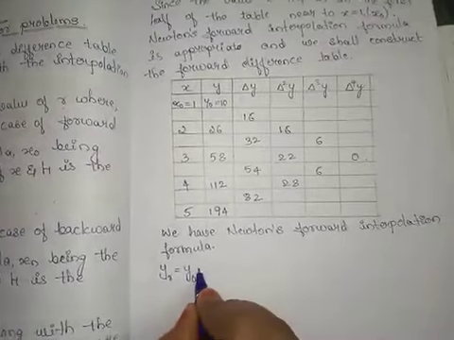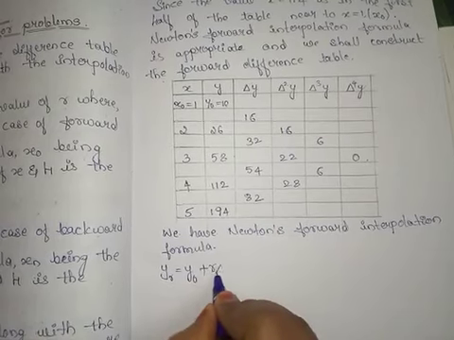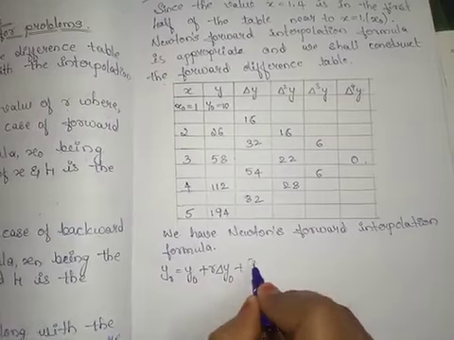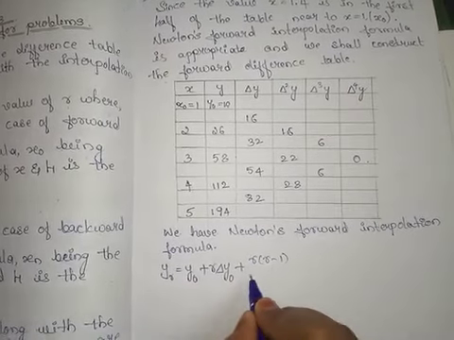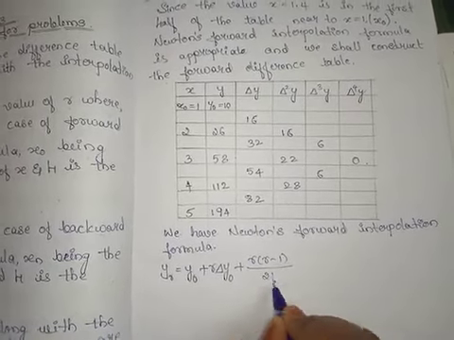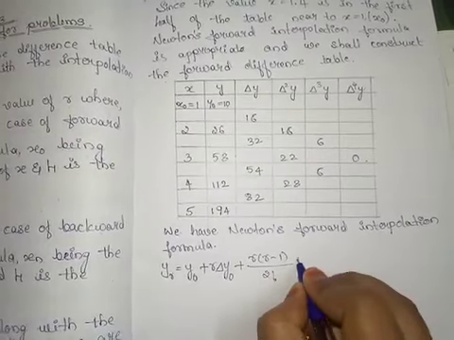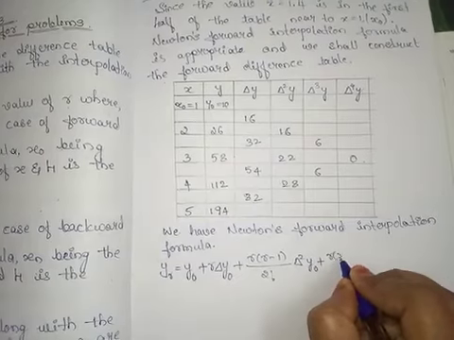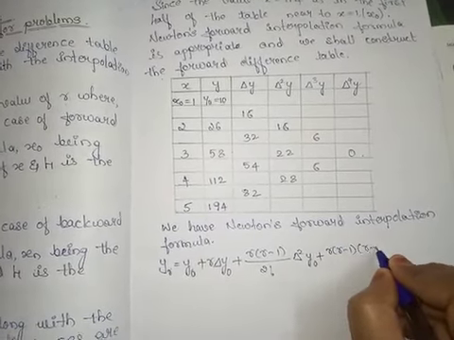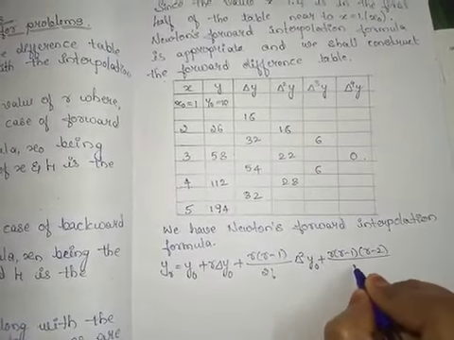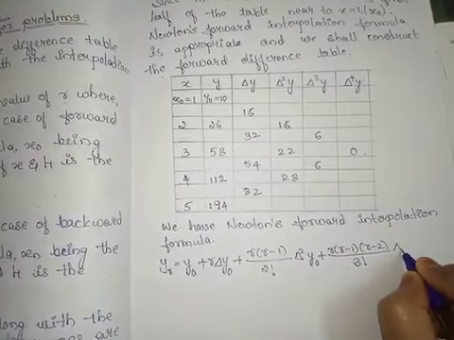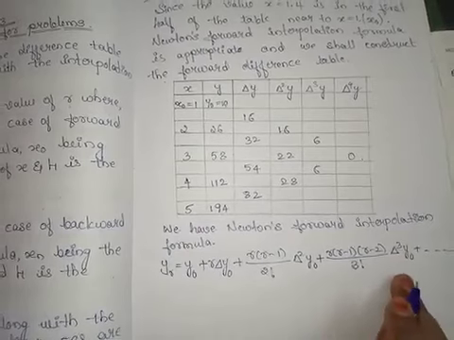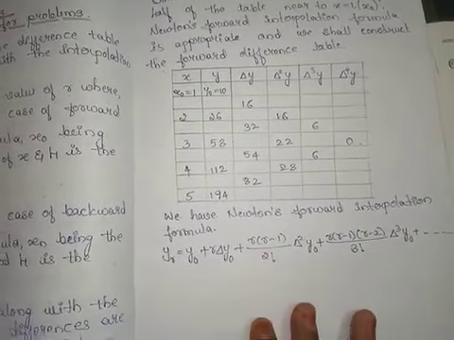This is y0 plus r into delta y0 plus r(r minus 1) divided by 2 factorial delta square y0 plus r(r minus 1)(r minus 2) divided by 3 factorial delta cube y0 and so on. Here I am writing up to third difference terms.